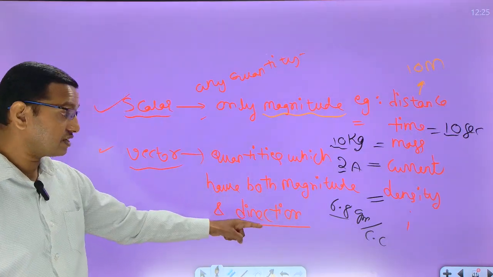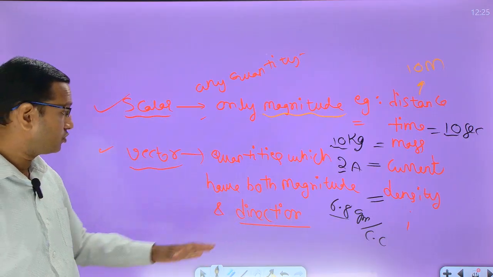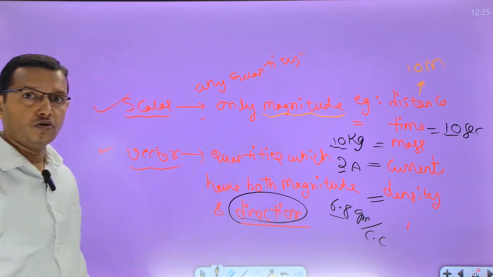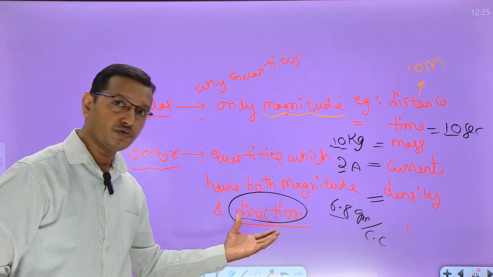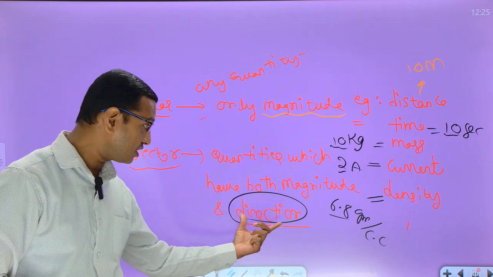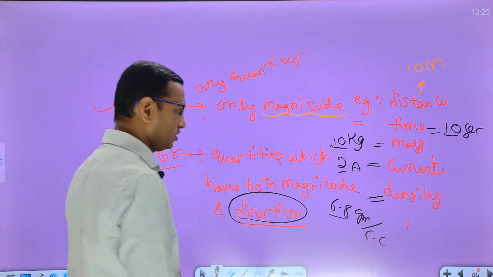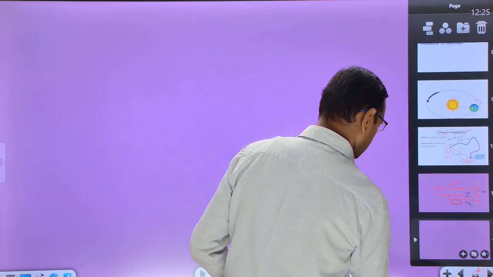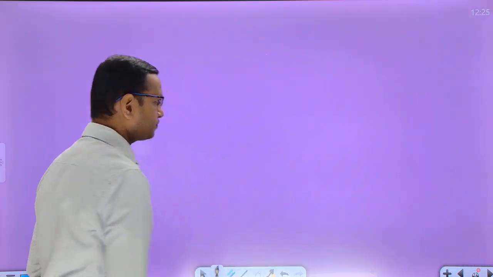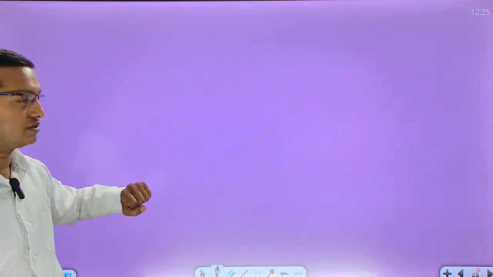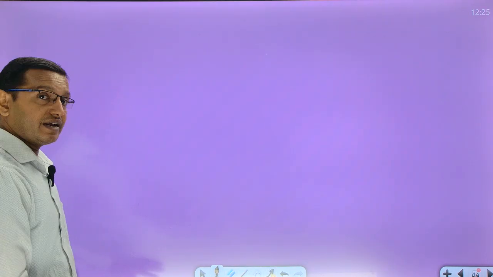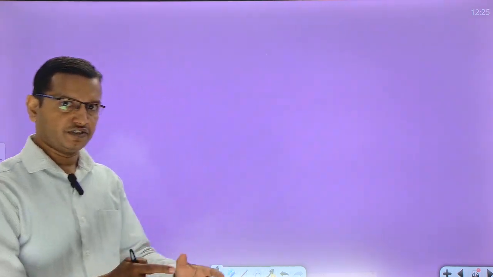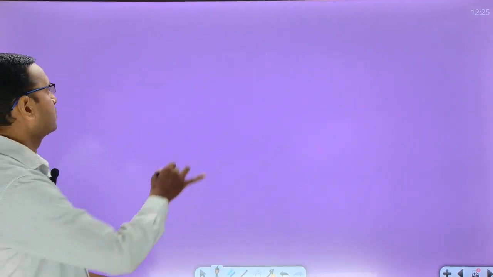So what is this concept of direction? This is also very, very important. People don't know. Since we are dealing with JEE Foundation, you should know exactly what direction is, because whenever you are dealing with mathematics and physics, you should know what direction means.